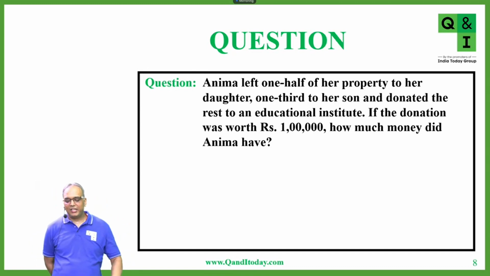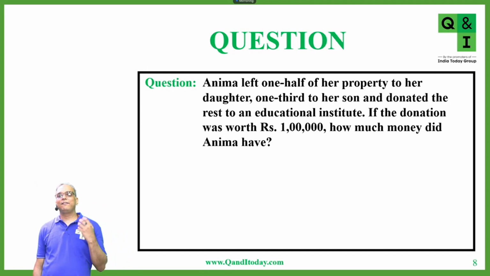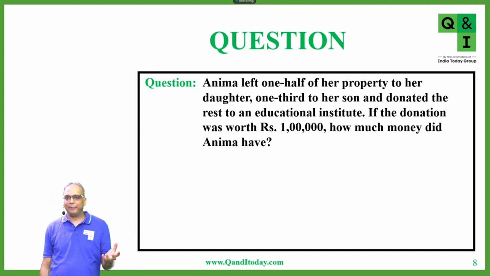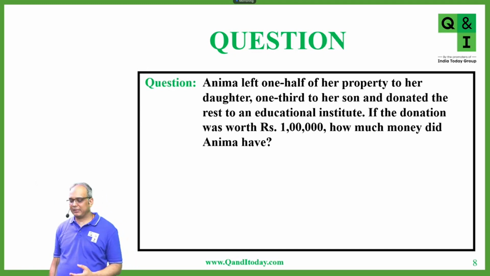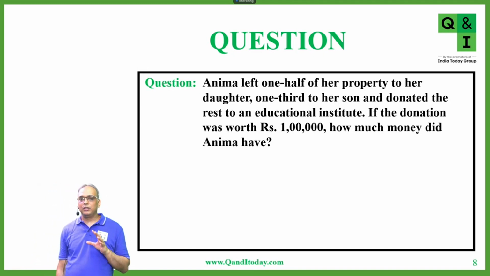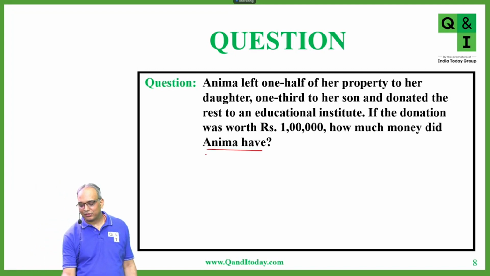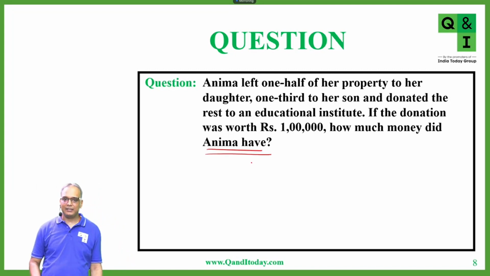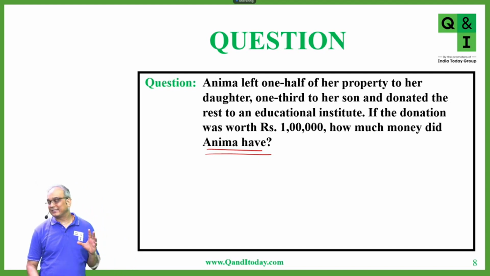So this is similar to a question which we did yesterday: offering half of the flowers in temple A, half of the remaining in temple B, and half of the remaining in temple C. So now the question is, Anima left one half of her property to her daughter. How much money did Anima have? So the total property that Anima had, let's say, is X.